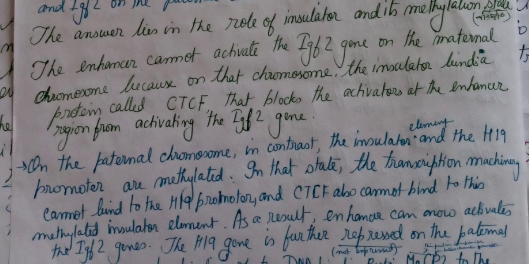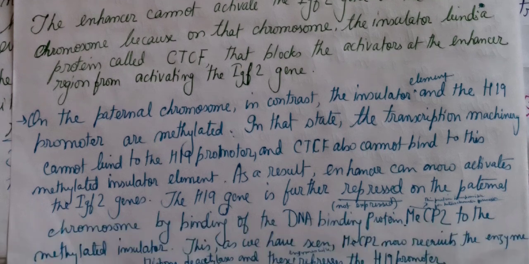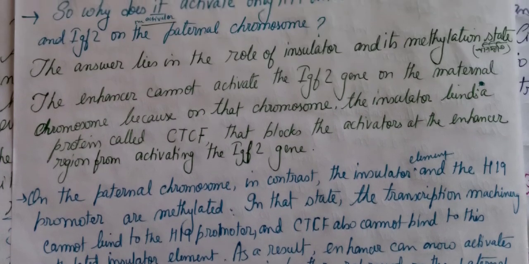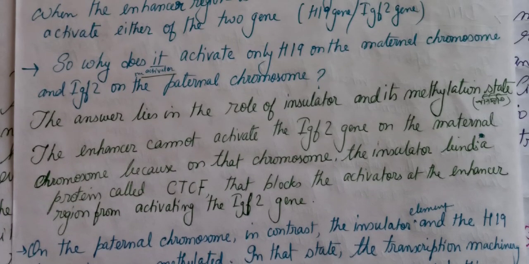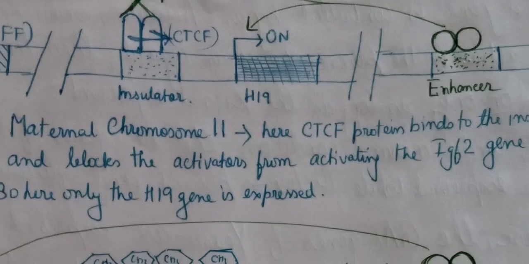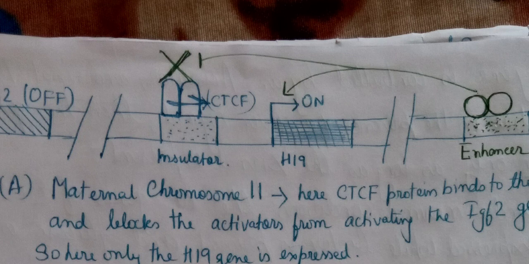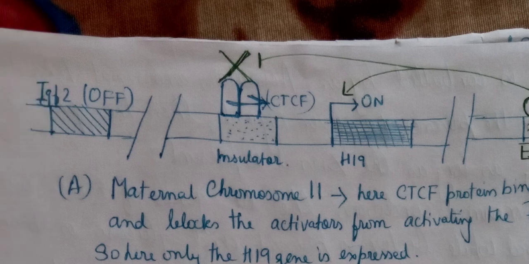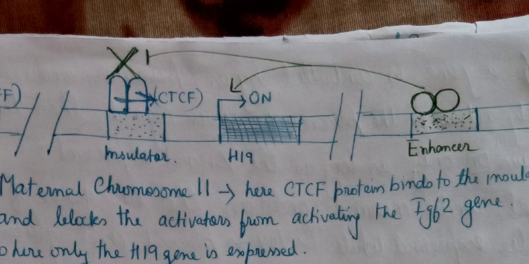The CTCF name has not been given here, sorry for that, we have to search it from an internet source. The CTCF protein bound to the insulator prevents the enhancer from activating the IGF2 gene, while allowing the H19 gene to be turned on.